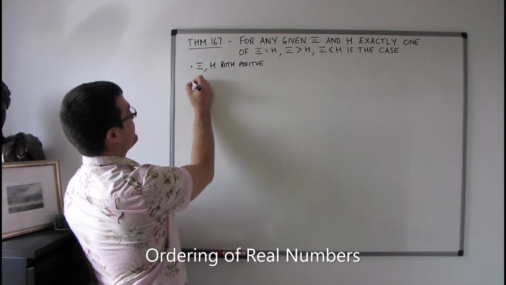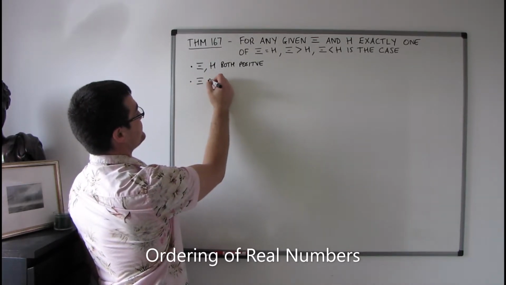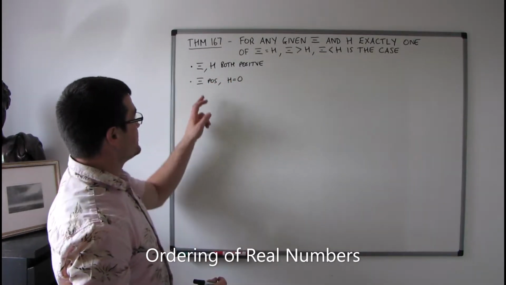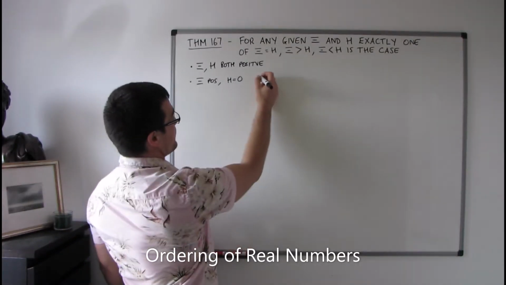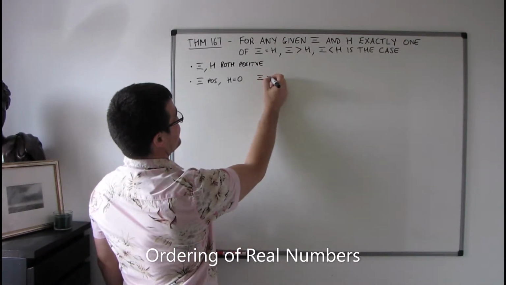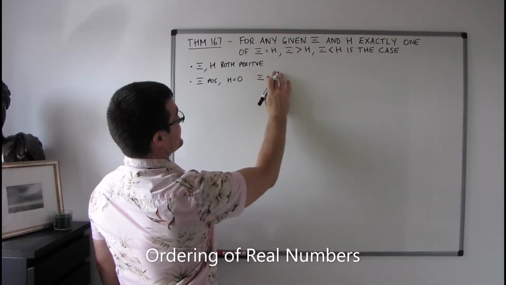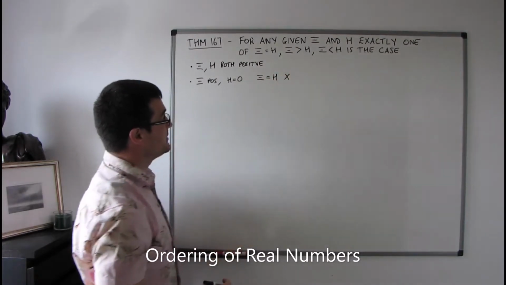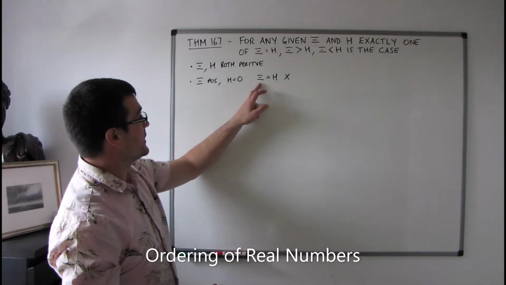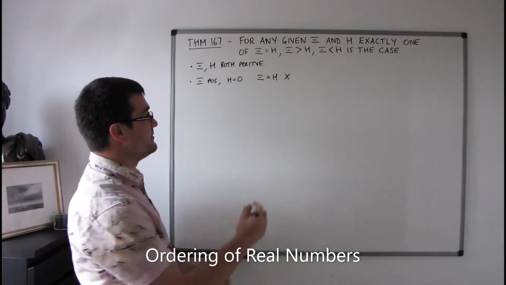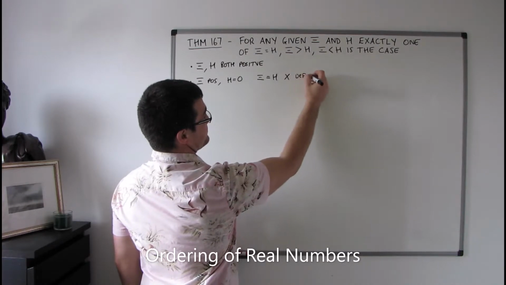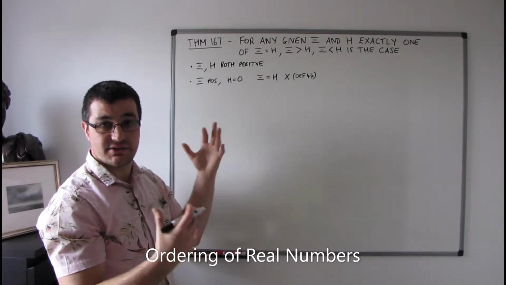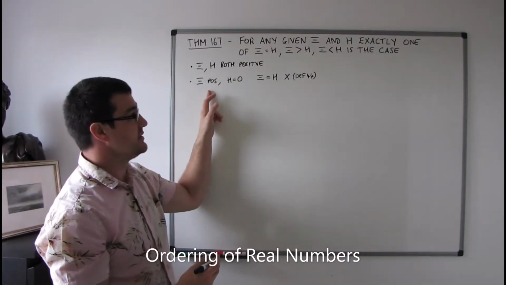So let's have a look if psi is positive and eta is equal to 0. So in this case, we've definitely got that psi equal to eta does not obtain, because we know by definition 44 that 0 is a real number that is distinct from all positive numbers.